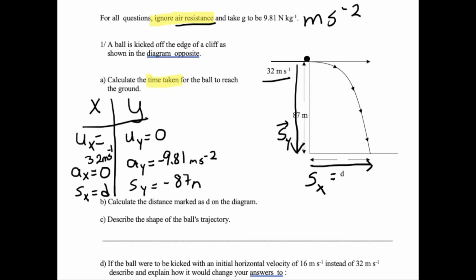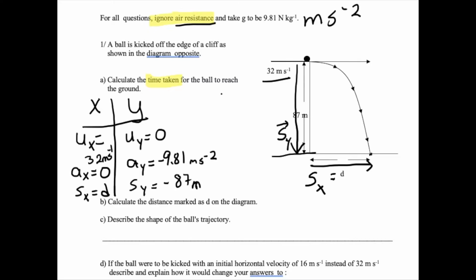But in the vertical, there's gravity and there's a limit where it will stop. So the motion will continue until it hits the ground, which is limited by this vertical height. So I'm going to use the vertical components, and to calculate the time, think about which formula is going to help you.